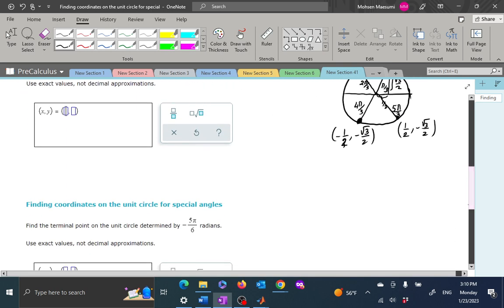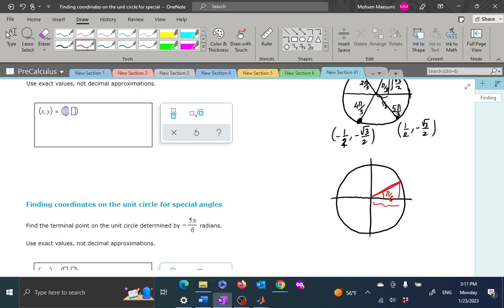Let's do one more round. If we go at multiples of pi 6, so at pi 6 I'll be here. So this is pi 6. What are my coordinates? Again, this one is radical 3/2 and this one is 1/2.